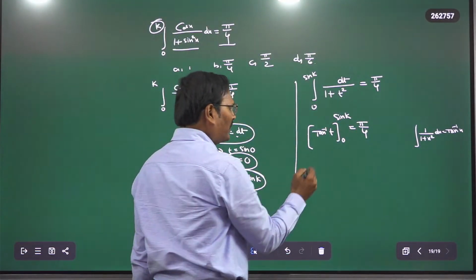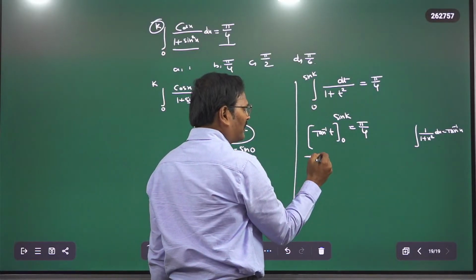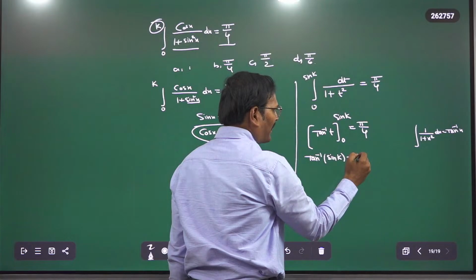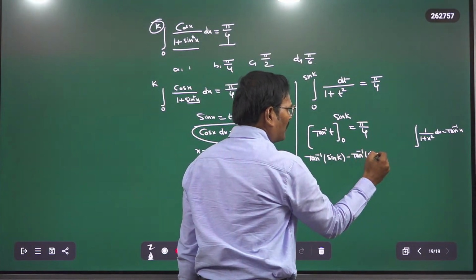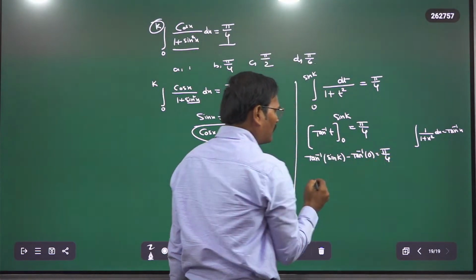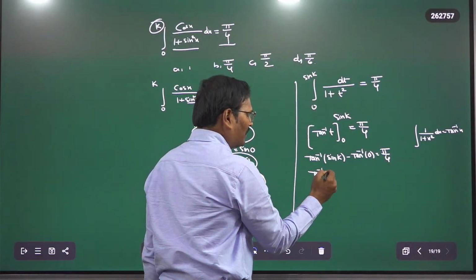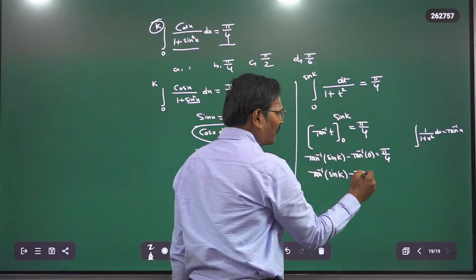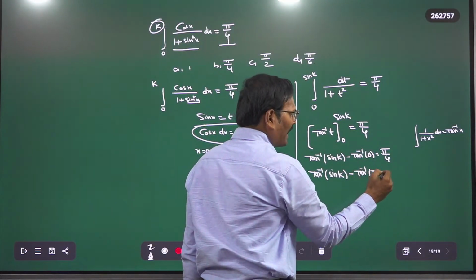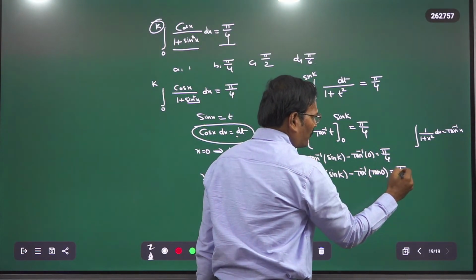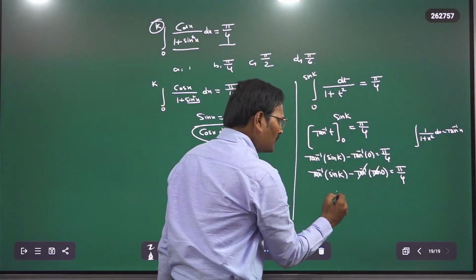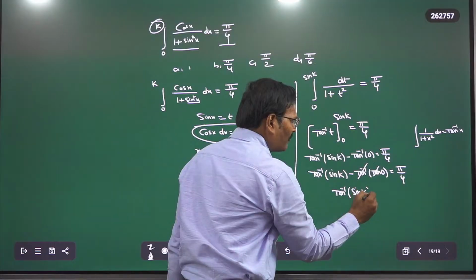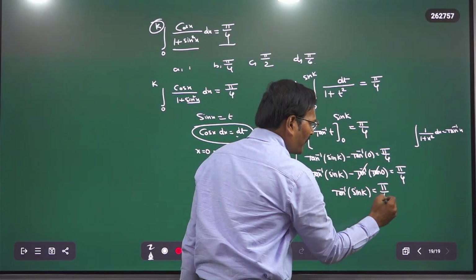Now I am substituting the upper limit and lower limit. Tan inverse of sin k minus tan inverse of 0 equal to pi by 4. Tan inverse of sin k I am writing as it is, minus tan inverse of 0, which means tan 0 is 0, equal to pi by 4. So finally we got tan inverse of sin k is equal to pi by 4.